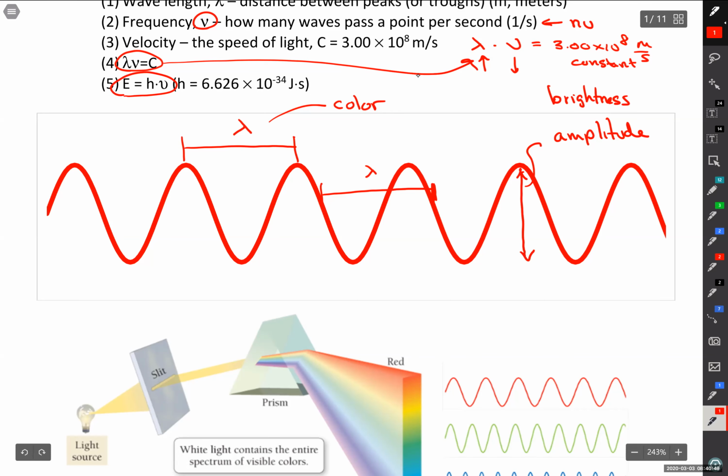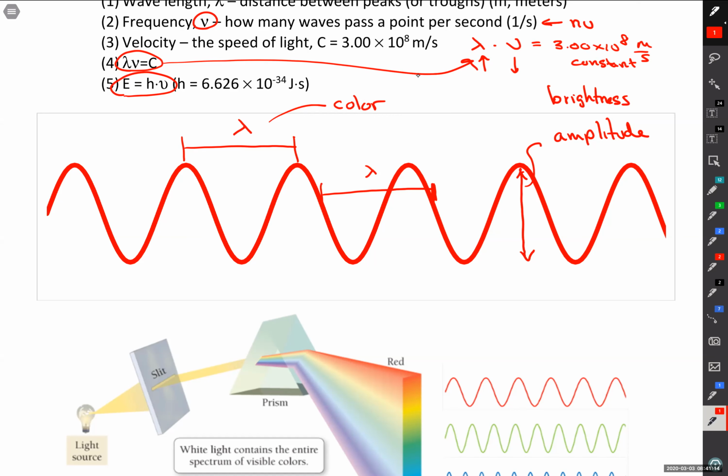This is one of the things a guy named Max Planck came up with. What he said was the energy of a light wave, like actually a packet of light, and we'll talk about that more later, is related to its frequency and a constant. Now this constant is really small.